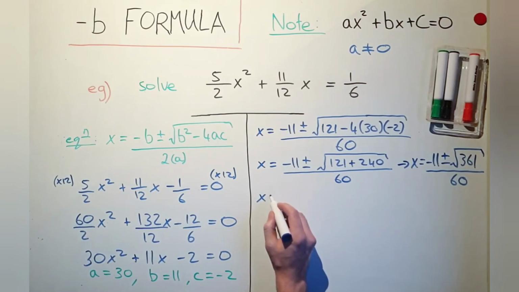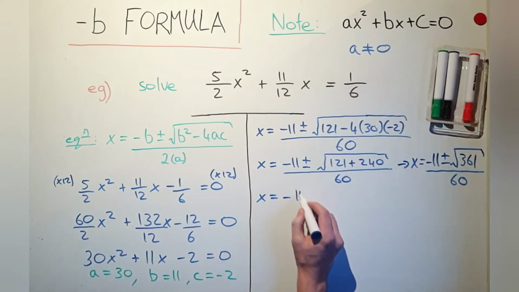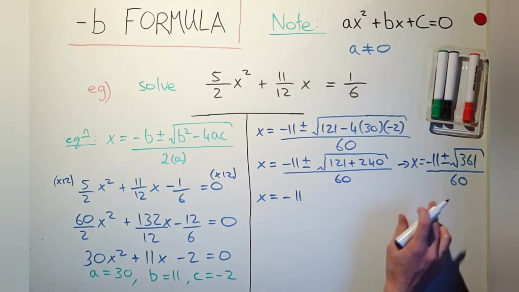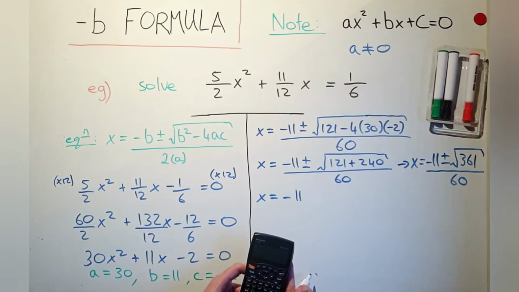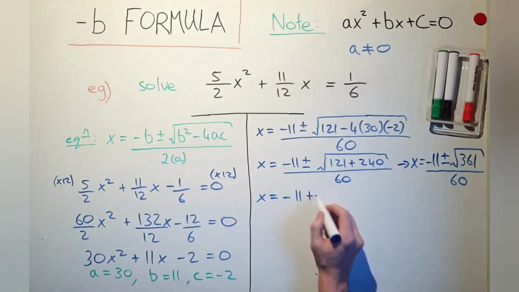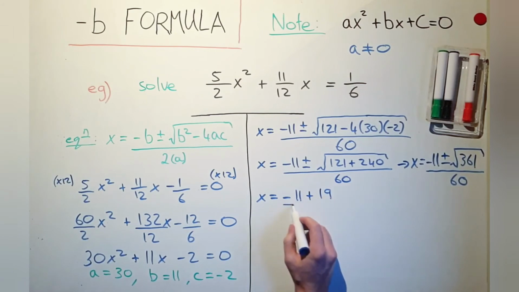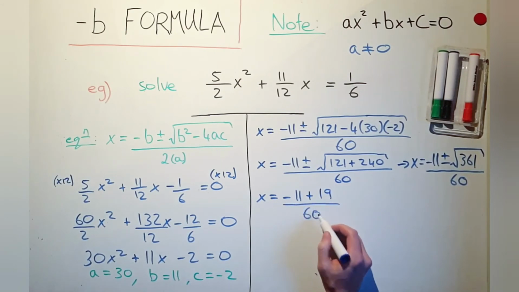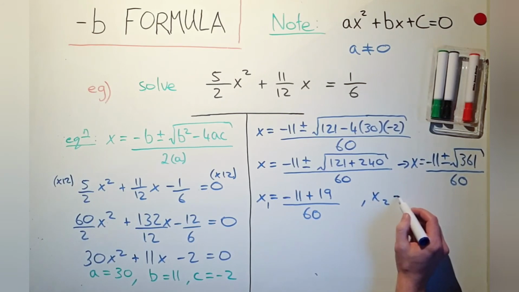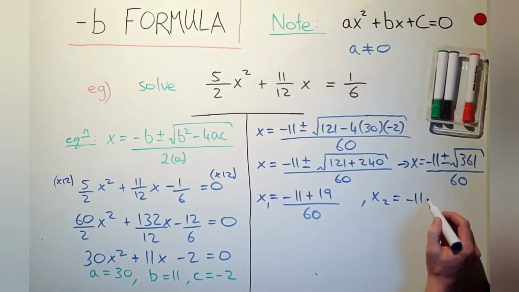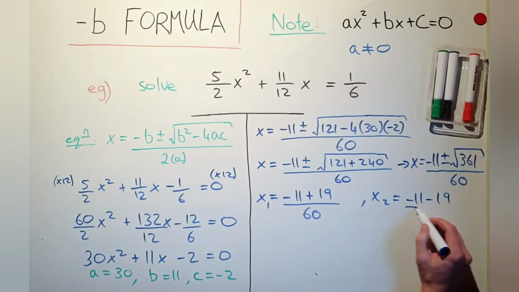So once we finish evaluating the square root, we'll have the square root of 361. Square root of 361 is 19. So that's going to be positive 19 over 60, x1. And then x2 is going to be equal to minus 11 minus 19 over 60.